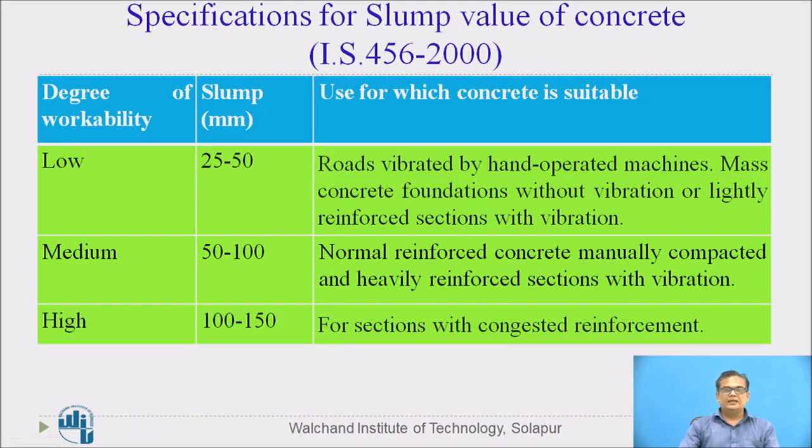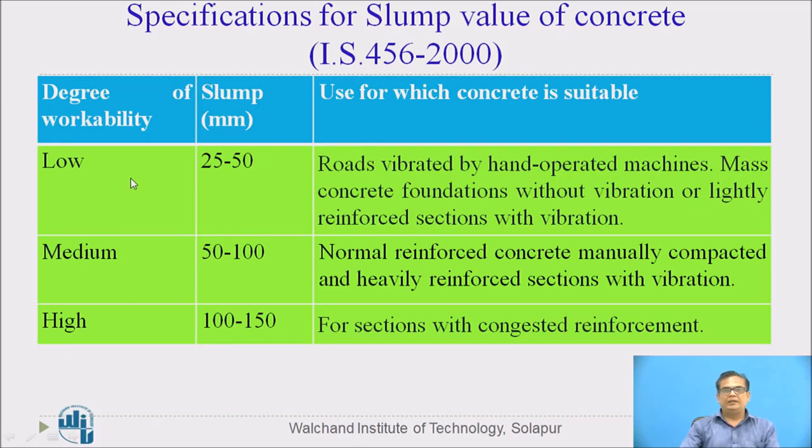Now, there are certain specifications which are laid down for the slump value of concrete by Indian Standard Code IS 456 2000. Degree of workability is divided into three ranges: low, medium and high.